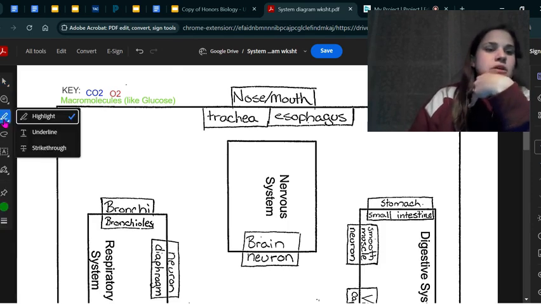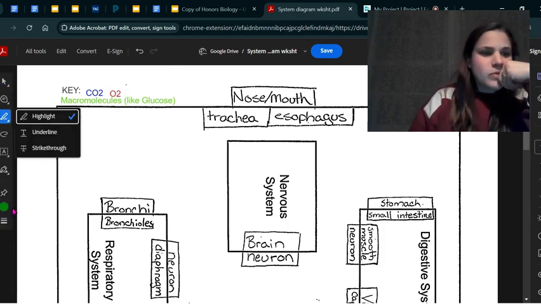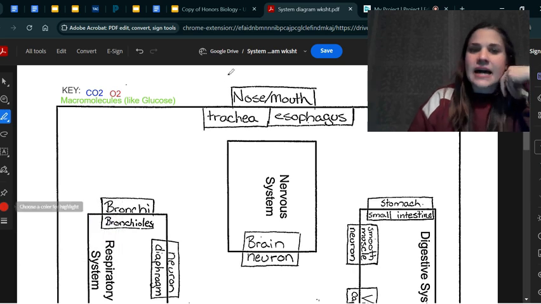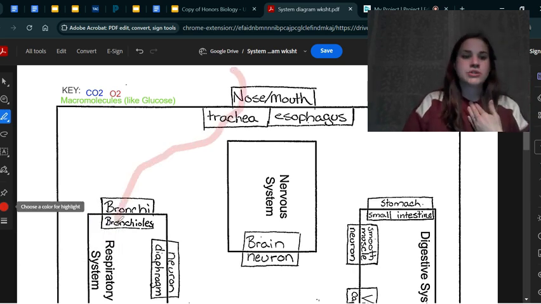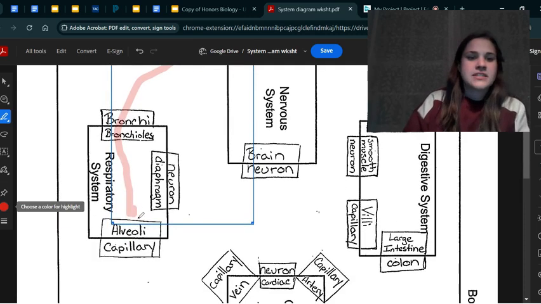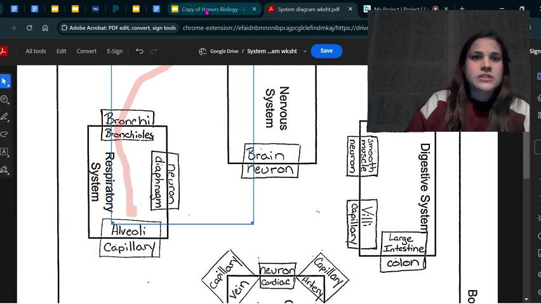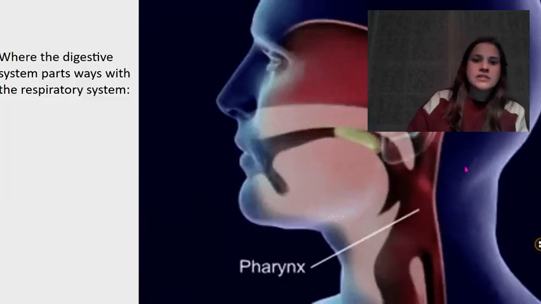So let's start with oxygen. We know we breathe in, we get oxygen through our nose, through our mouth. It goes down your trachea, into your bronchi, into your bronchioles, and into the alveoli. So if we take a look here, this is kind of showing that same process.